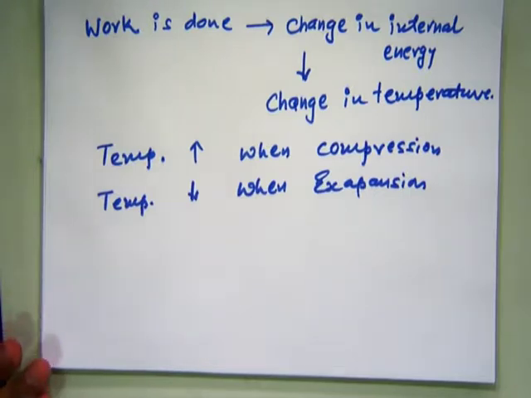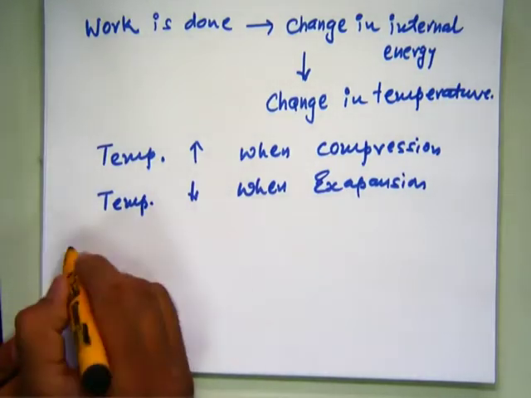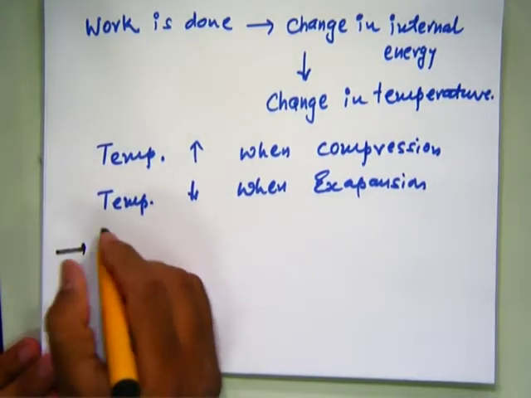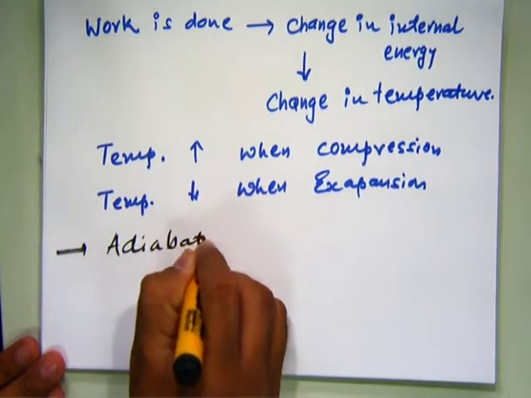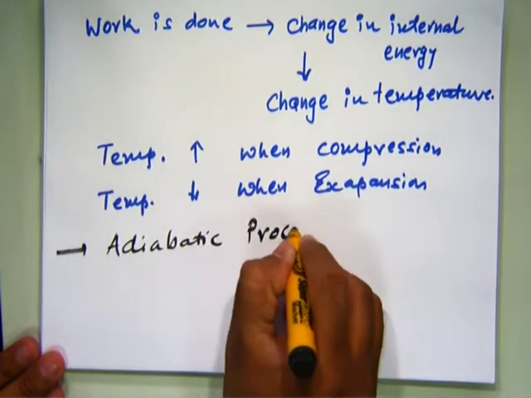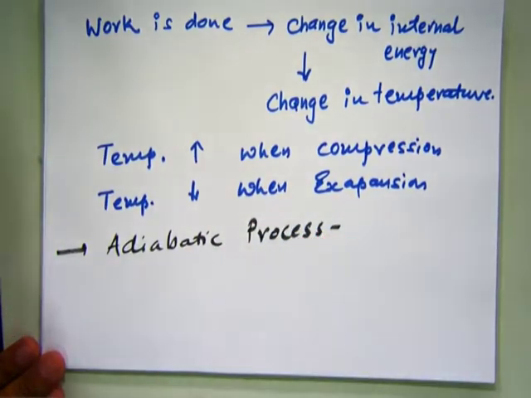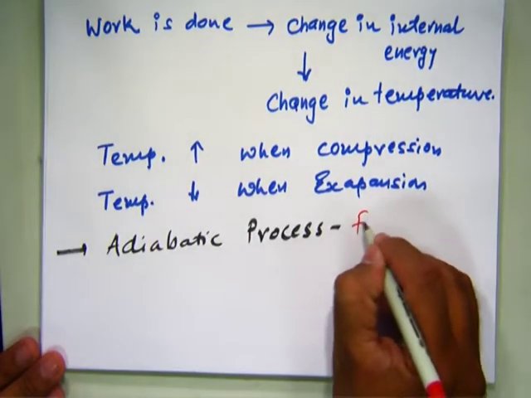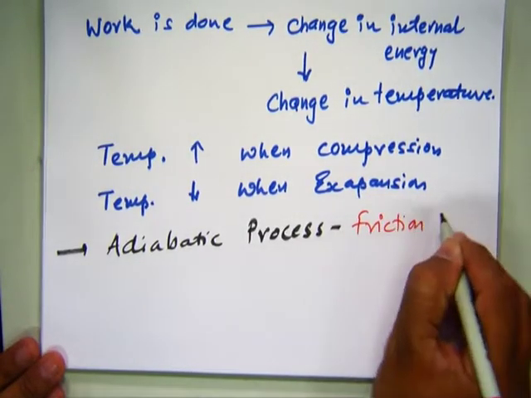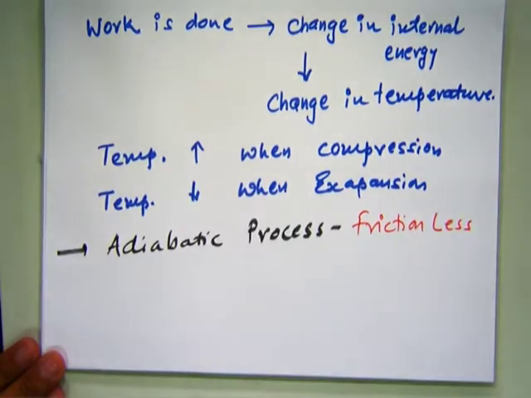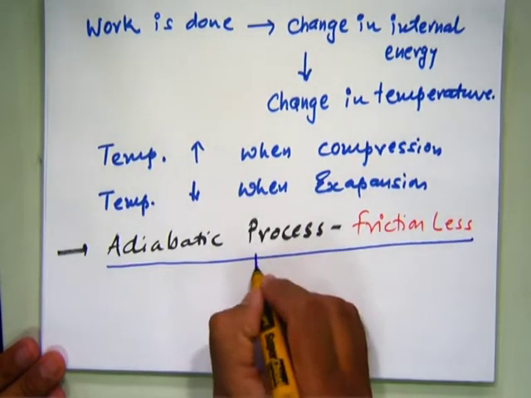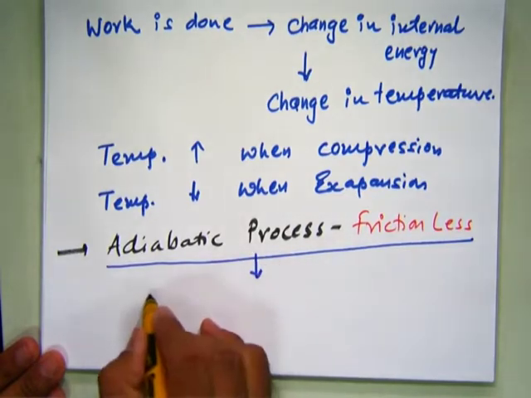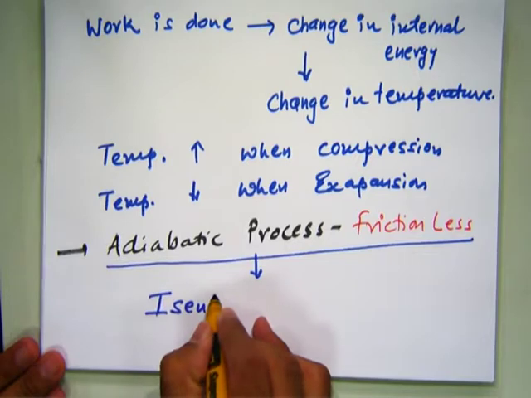So this adiabatic process, when it is frictionless, it is known as isentropic process.